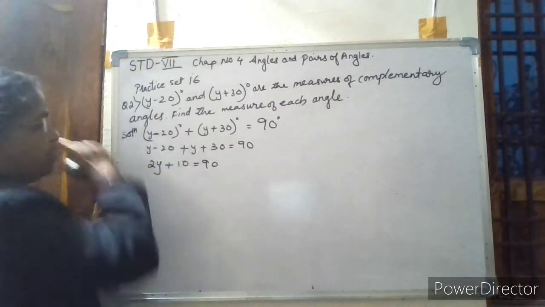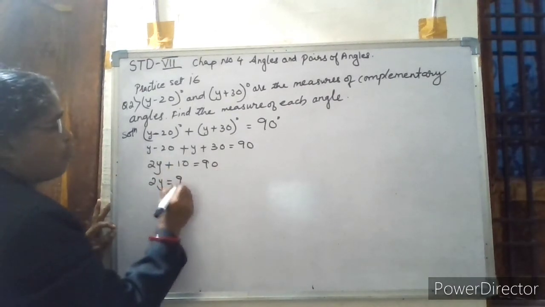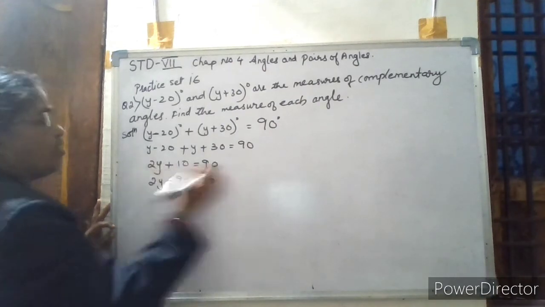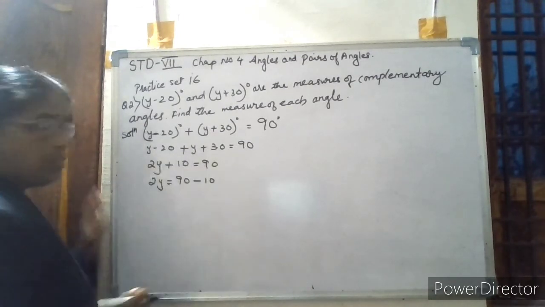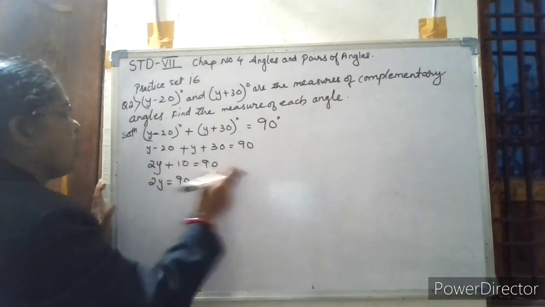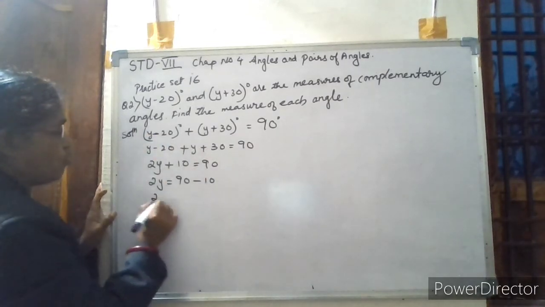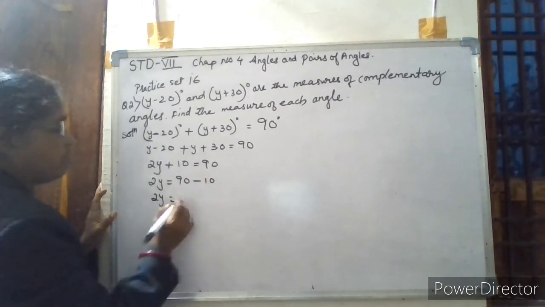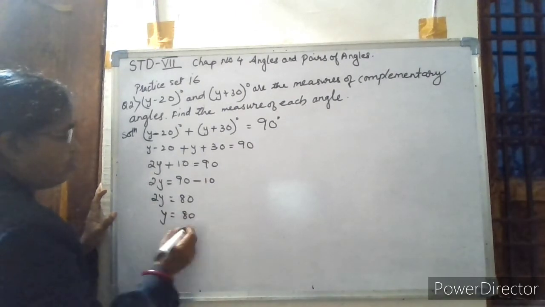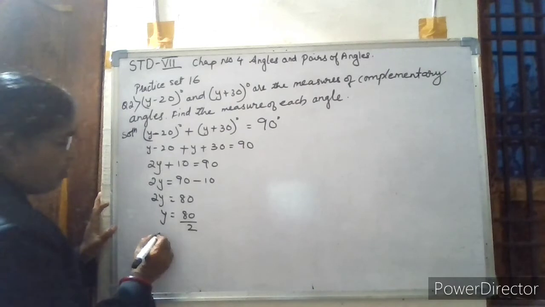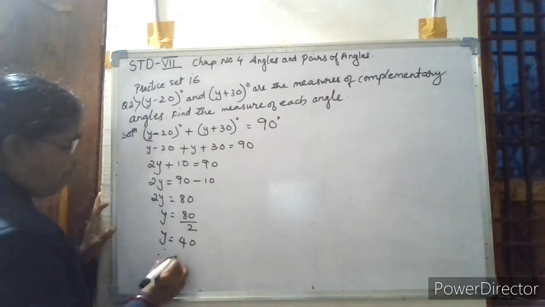This 10 you take to that side. 2y will be equal to 90 minus 10. It forms a linear equation in one variable, which you have learnt in 6th standard. I have transferred 10 here, and it becomes minus 10. So 2y is equal to 90 minus 10, which gives 80. Now y is equal to 80 divided by 2, which is 40. Therefore, I got the y value as 40.